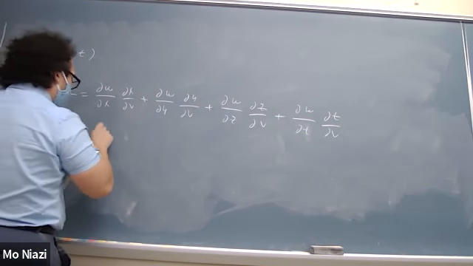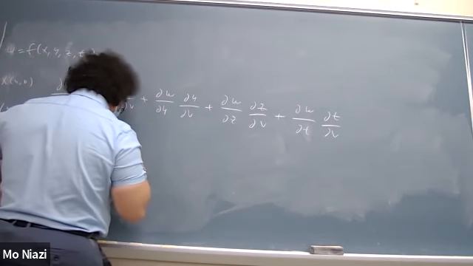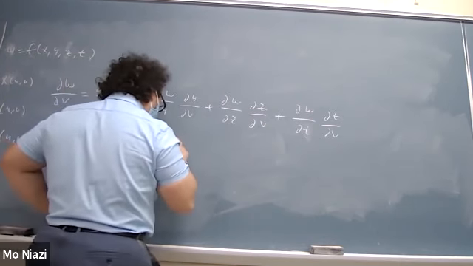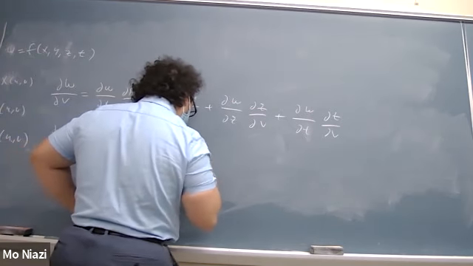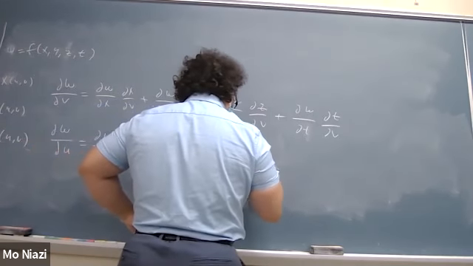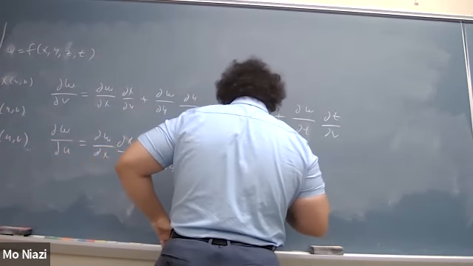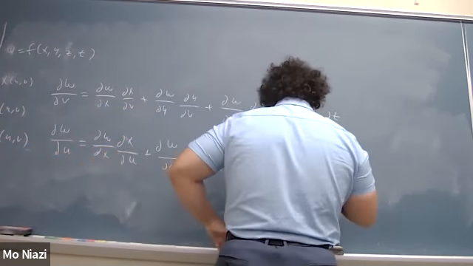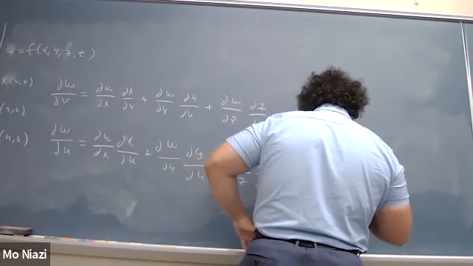Over here, you get partial w, partial x, partial x, partial u, plus partial w, partial y, partial y, partial u, plus partial w, partial z, partial z, partial u, plus partial w, partial t, partial t, partial u.